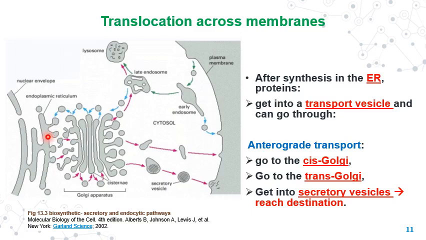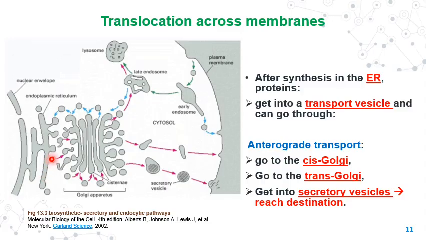So here is this bigger picture telling you what happens to the protein. Let's say you have a protein that is destined to be exocytosed, to be dumped outside of the cell. So this protein gets in there, it gets made, it's going to be folded, it's going to be modified.